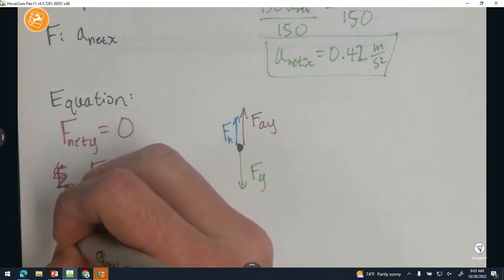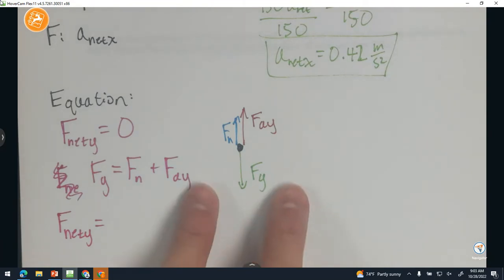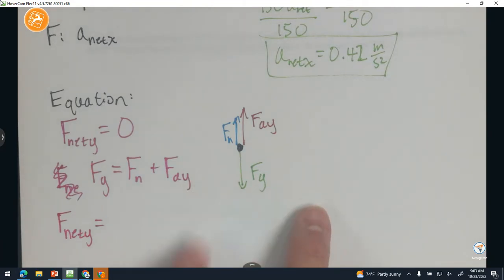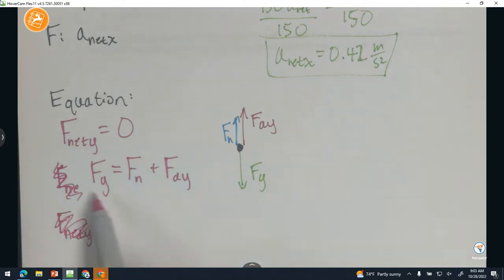Or you could say that F net in the y equals, and you would make one of these negative and the others positive. Let's actually try it the first way first. Okay, so Fg equals Fn plus Fay.